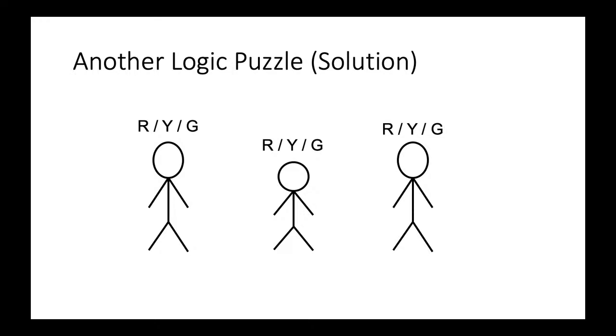For instance, let's say we now have three people, and each one of them will have red, yellow, or green as the hat color. Again, they can see the others, but they need to guess their own. So how do they do so?